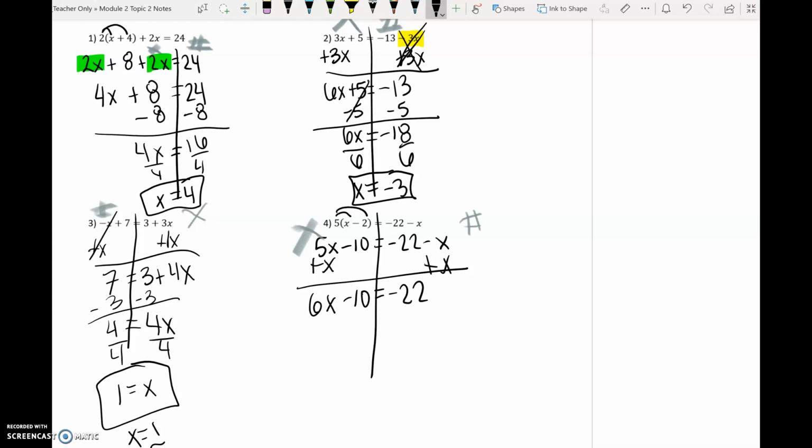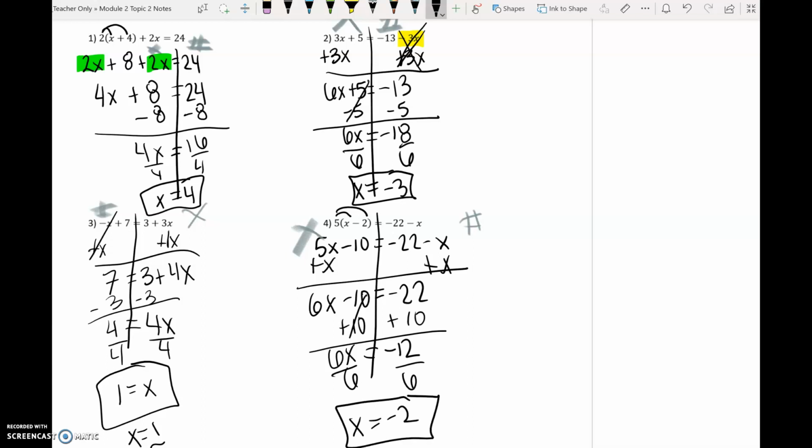Now that I have all my x's on the same side, I'm going to move my numbers to the right side. So I'm going to do that by adding 10. And remember, if you need calculators for positives and negatives, that is totally fine. So I'm going to have negative 22 plus 10. It's negative 12. Divide by 6. X is negative 2.